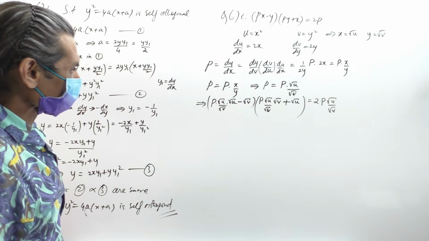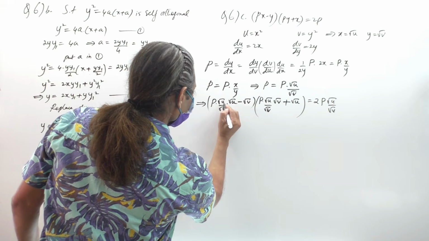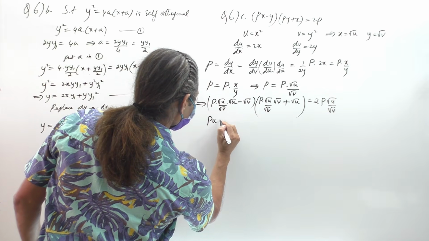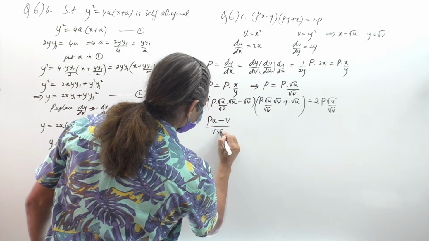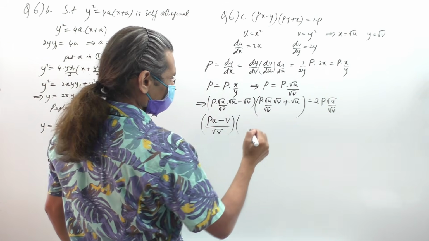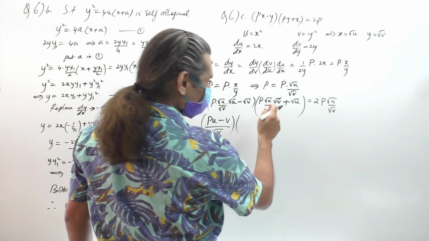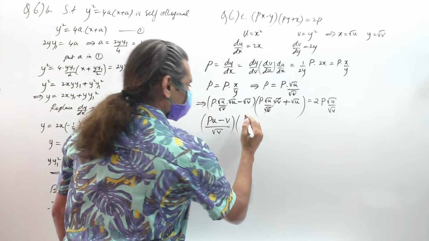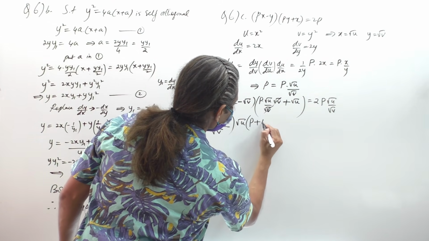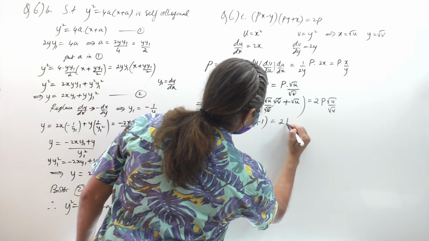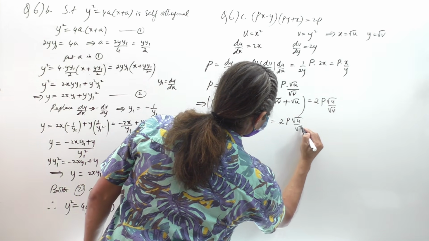Now here take the LCM. See, u into u is u, so p into u minus, take the LCM, root v, upon root v into, see this v and v cancels. See what remains, p root u plus root u. So root u is common here into capital P plus 1 is equal to 2p root u by root v.